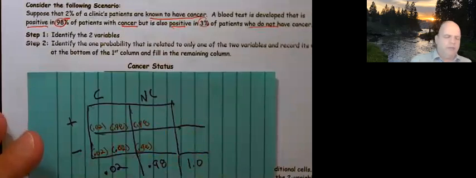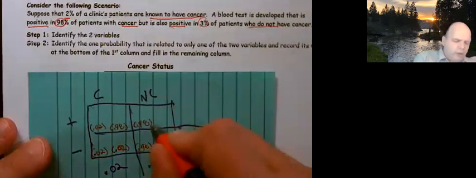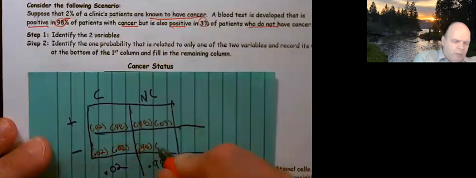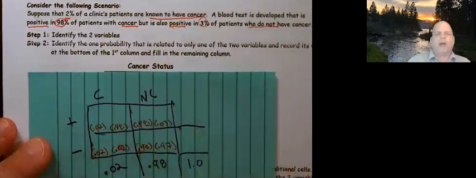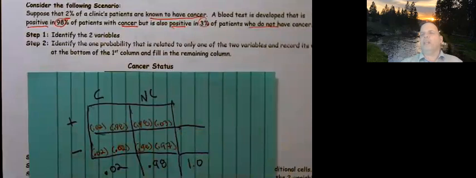It's also positive in 3% of patients who do not have cancer. So we're looking at positive again, for no cancer. So 0.03, and the complement of that is 0.97. From that point on, I can multiply and fill out the table. So that's the way I would approach this on a test when they don't give me the table to work with.